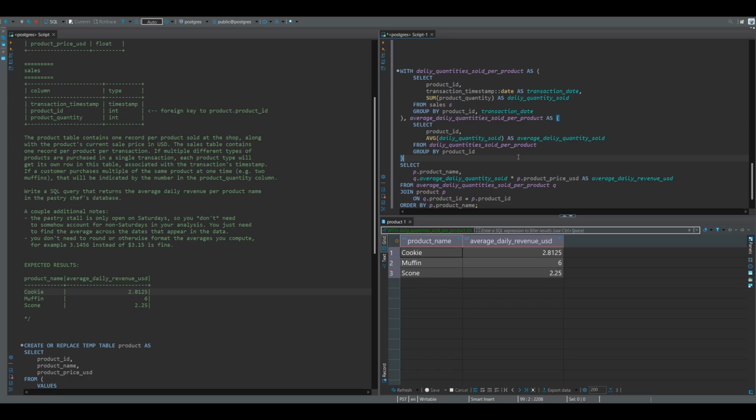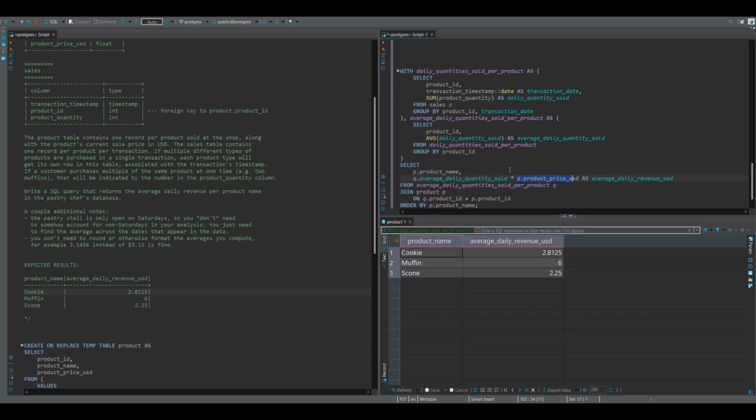However, what if you switch up the order of operations? What if you compute the average daily quantity sold per product ID first, and only then join up to the product table to get product name and price and everything else you need to complete the calculation?